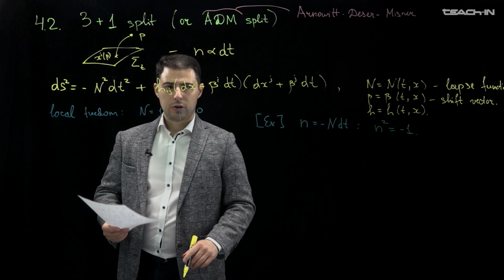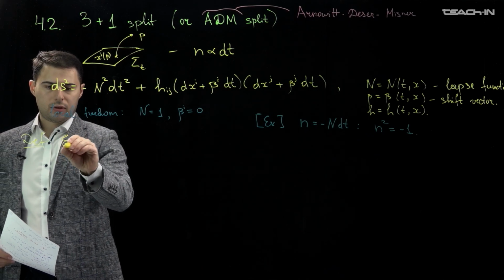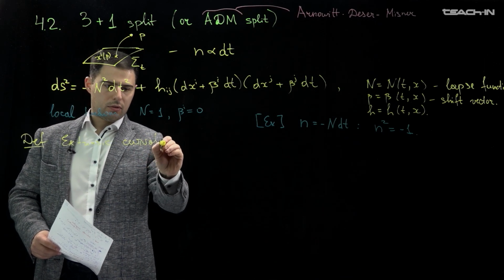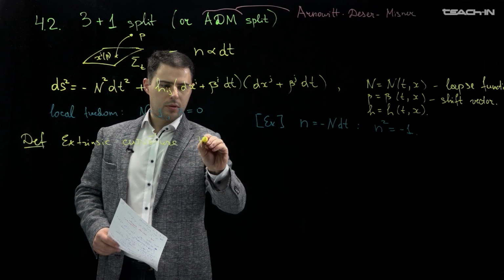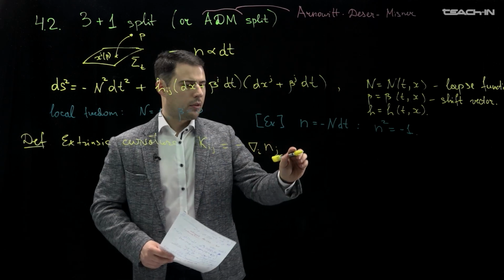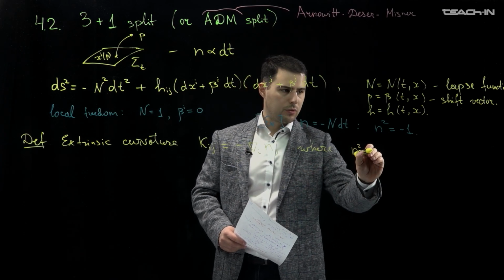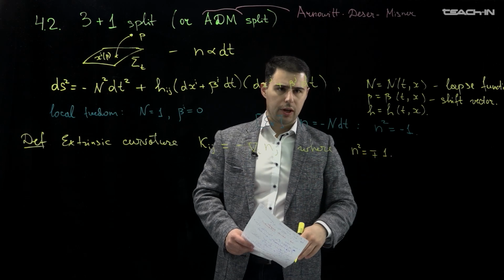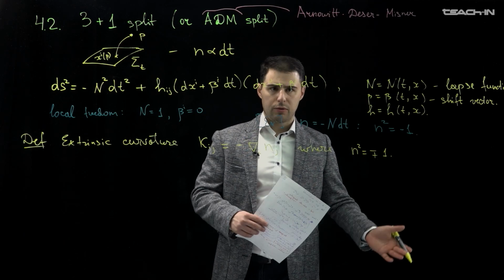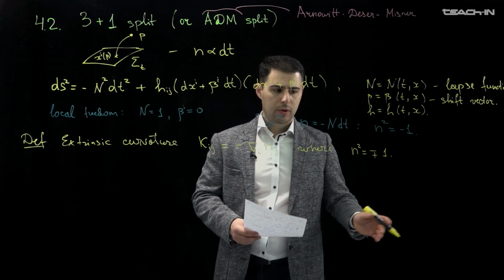From geometry, we have a definition of extrinsic curvature, where n squared equals minus or plus 1: minus 1 in the case where sigma is a partial Cauchy surface, or plus 1 in principle if you take sigma as a time-like surface with the space-like normal.